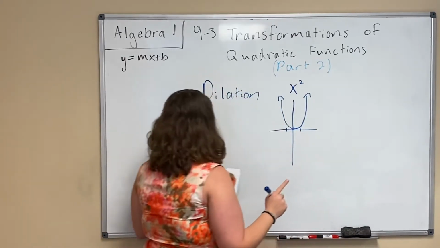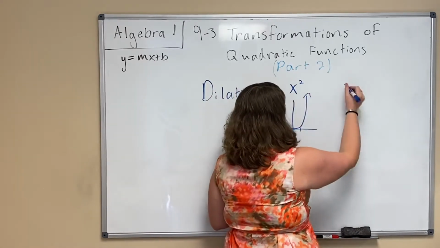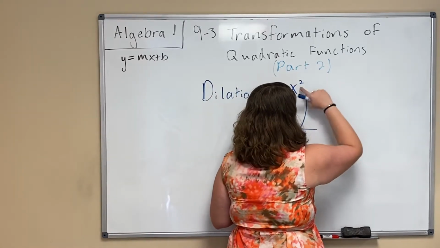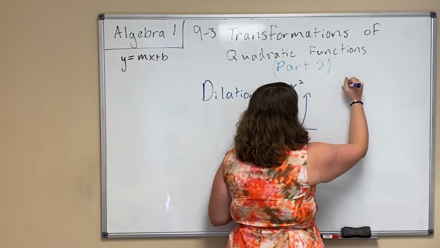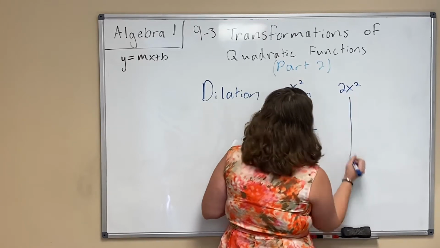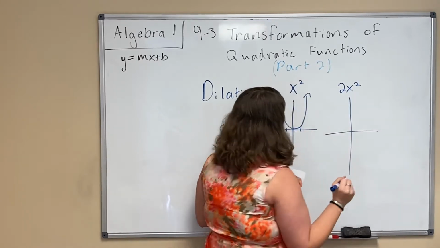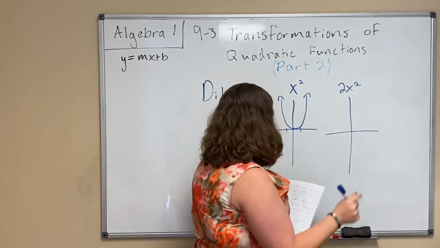But if I have an a out here to the front of my x squared, so if I had 2x squared, what that's going to do to my graph is make it narrower.